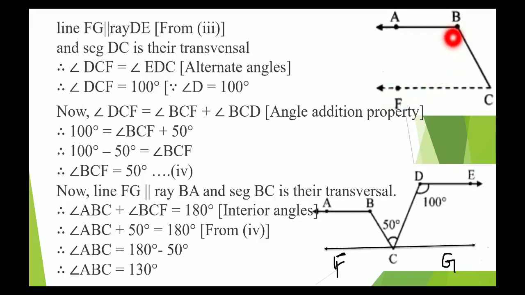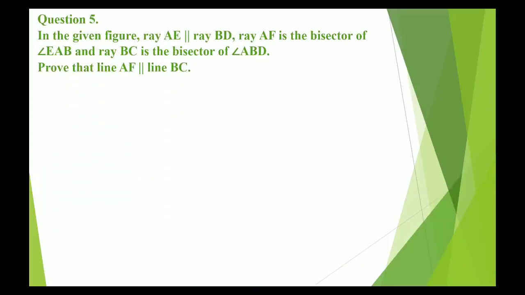Since we don't know the value of ABC, we will not specify the value there. And BCF, just now we have found it as 50 degrees. So we will mention down here 50 is equal to 180 degrees. By calculating, we will get the value of angle ABC is equal to 130 degrees. This only we had to find. We have found it. Now next question.